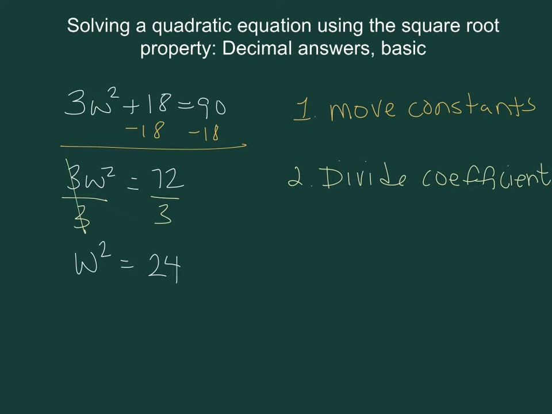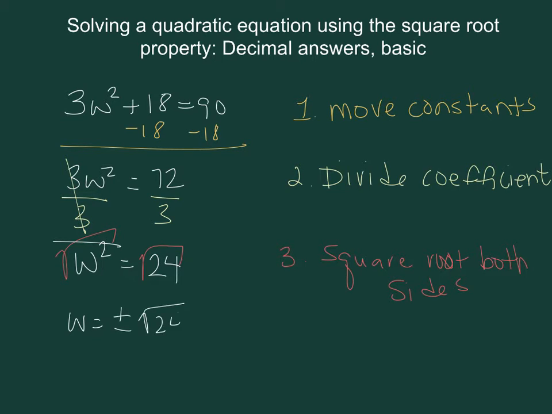Now, as my last step, step 3, square root both sides. Square root, square root. Those are gone, so I'm going to get w equals plus or minus the square root of 24.